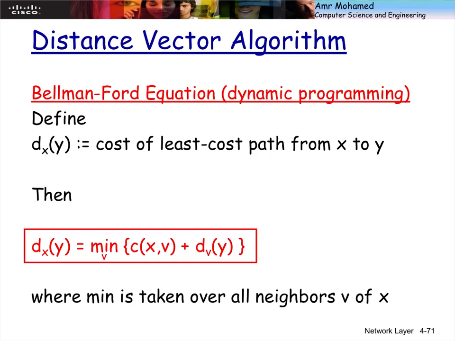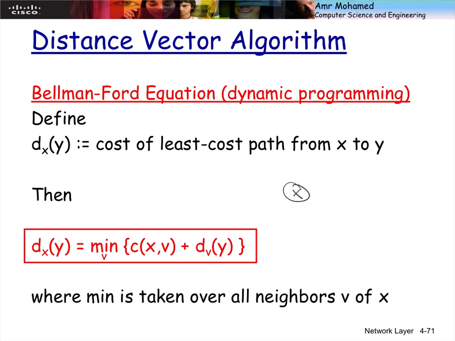So last time we started to talk about distance vector algorithms, and we talked about the Bellman-Ford equation. The main issue with distance vector algorithms in general is the issue of the partial view. Routers do not have a global view at all.